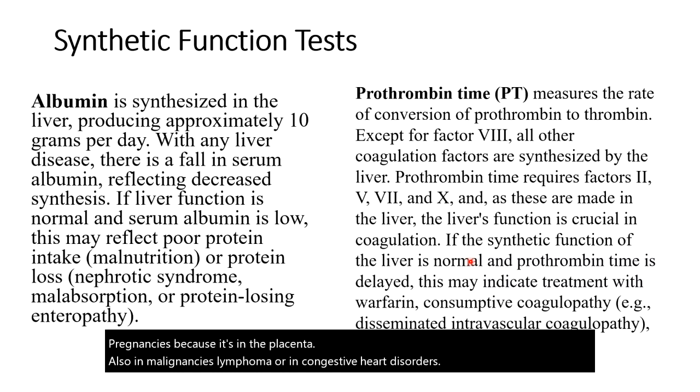So anything that will affect the production of albumin will lower the level of albumin in the serum, and that will produce a problem in the balance between the intravascular and extravascular content, and usually lower albumin will cause, starting with lower limb edema, progression to ascites.